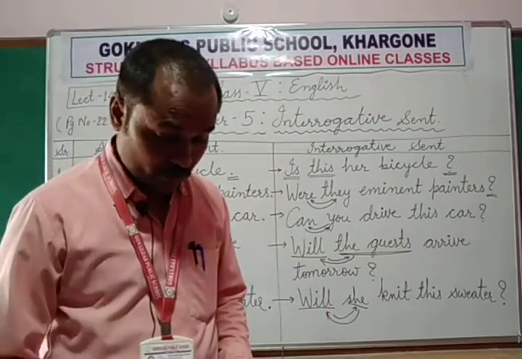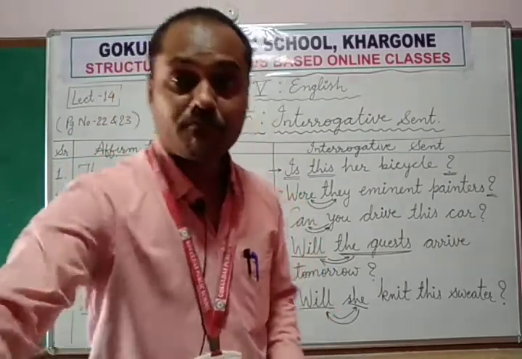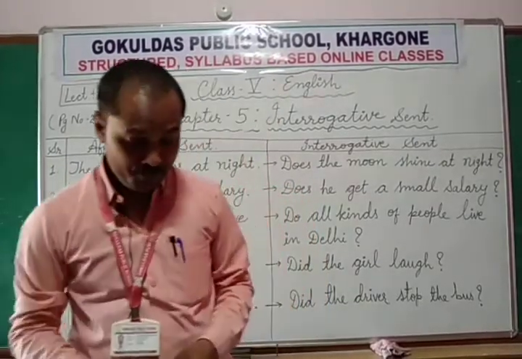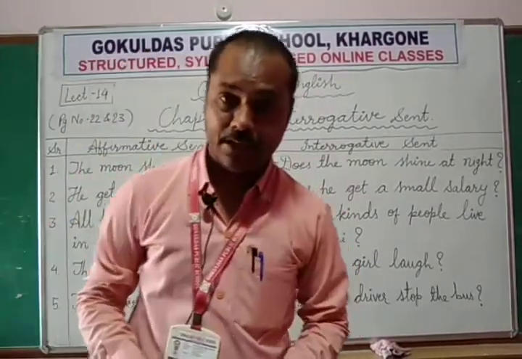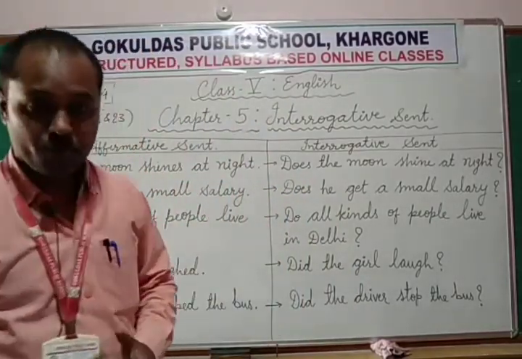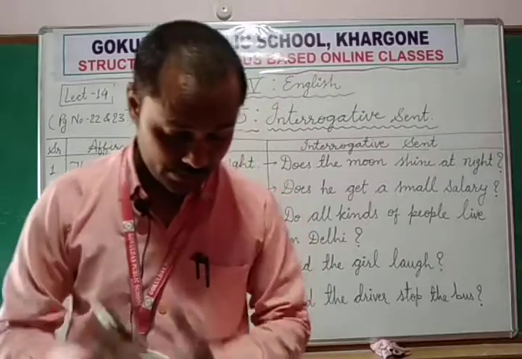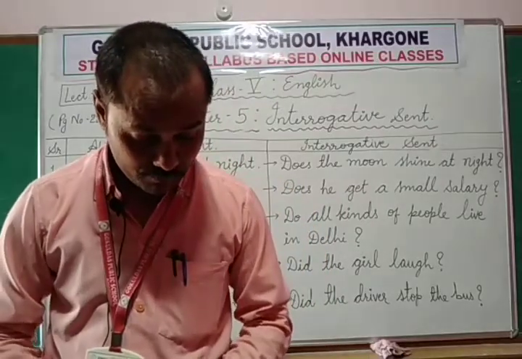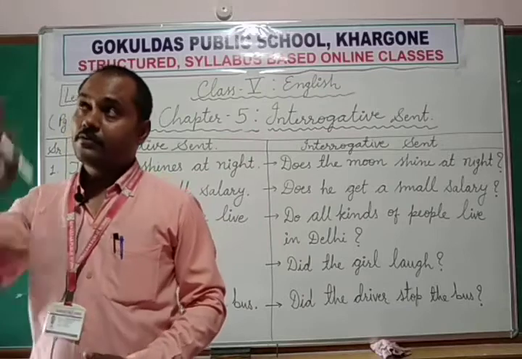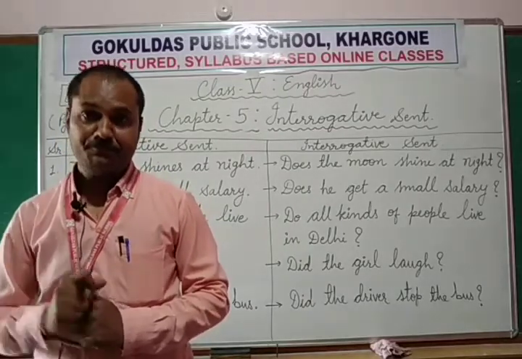Now come to table number B. I have put the second table on the board for your convenience, but you can also see it in the book. The moon shines at night in the sky.